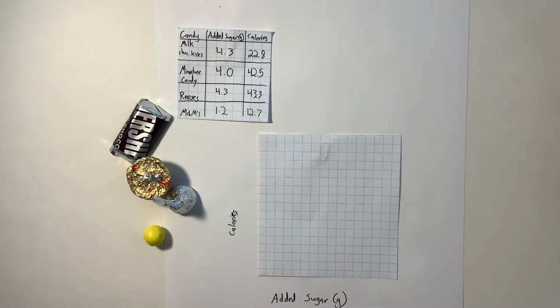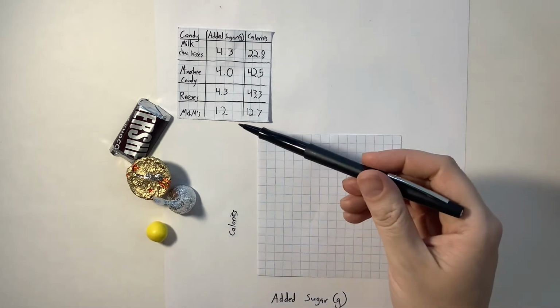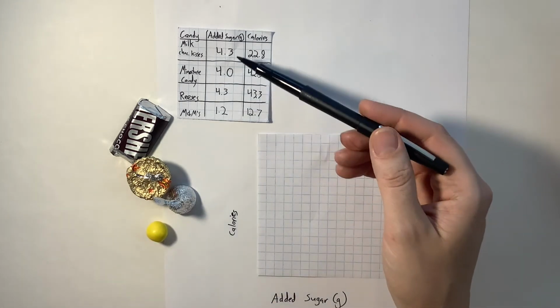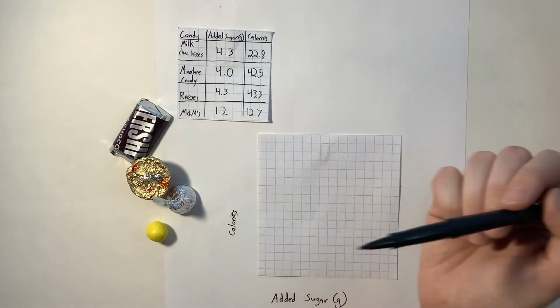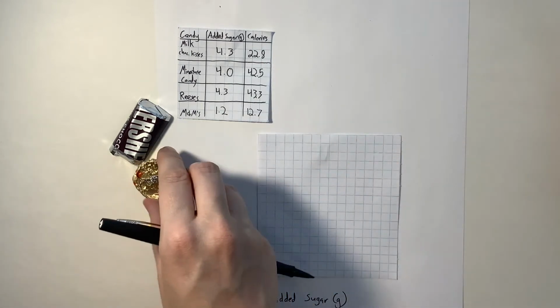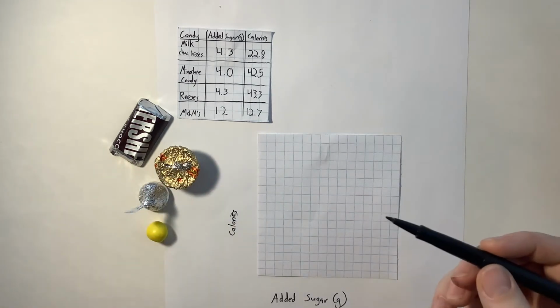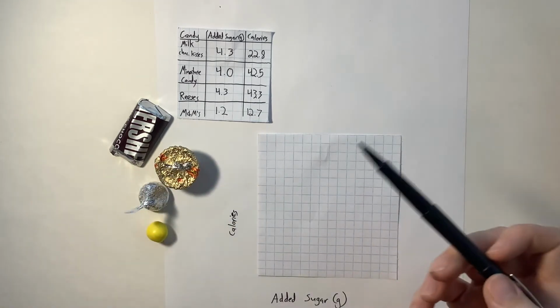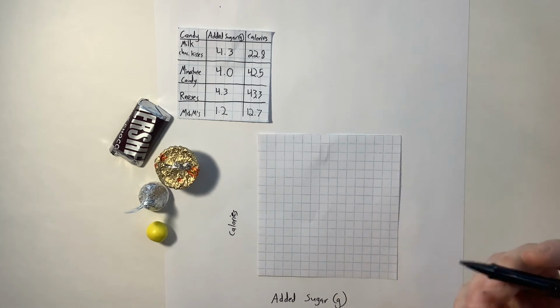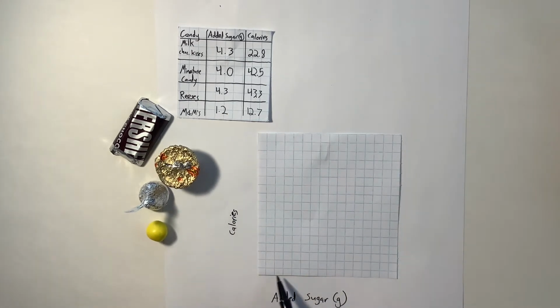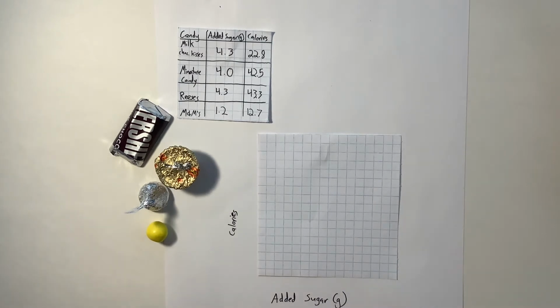What's my range? My lowest amount of added sugar for just one M&M would be 1.2 grams. And it goes all the way up to 4.3 for both Milk Chocolate Kisses and Reese's. So these are each 4.3 grams of sugar. Okay? So 4.3 minus 1.2, that's 3.1 is my range. So I'm just going to divide that.